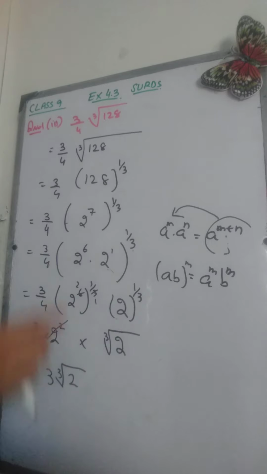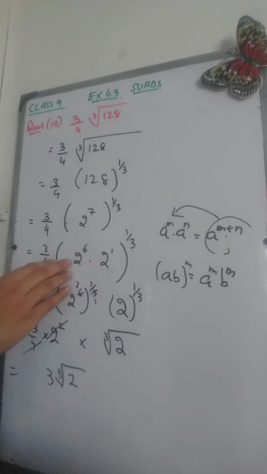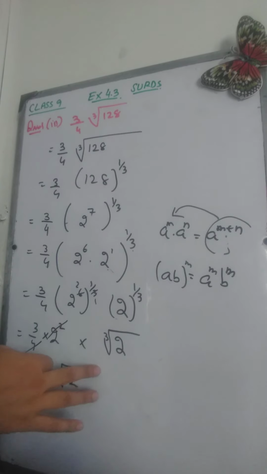This is the simplified form of this expression, and it involves a surd because of this unresolved cube root of 2. We could resolve the cube root only up to this number, but the 2 remained under the radical sign. Whenever we have something remaining under the radical sign, that number usually gives us an irrational number. So this is question number 1, part 3. Let's move to the next part.